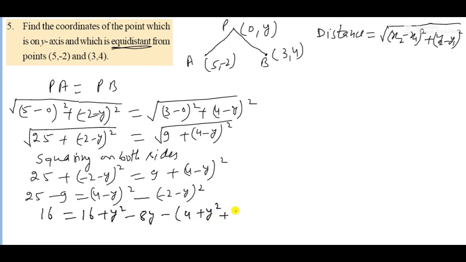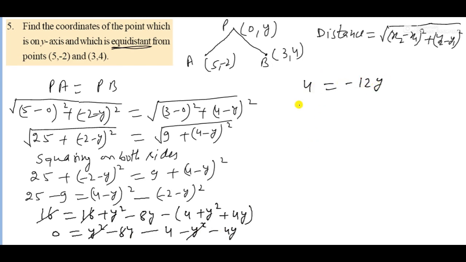Now for PB, it is x2 y2 and here x1 y1. So it is the square root of (3 minus 0) whole square plus (4 minus y) whole square. So what will happen? It is 5 square, that is 25, plus (-2 minus y) whole square, and 3 squared is 9 plus (4 minus y) whole square.